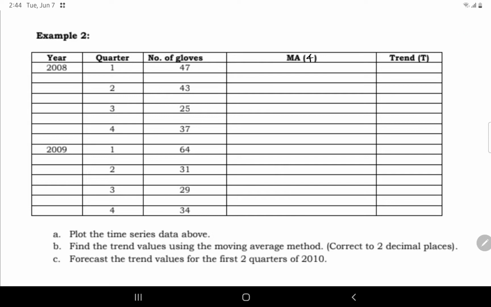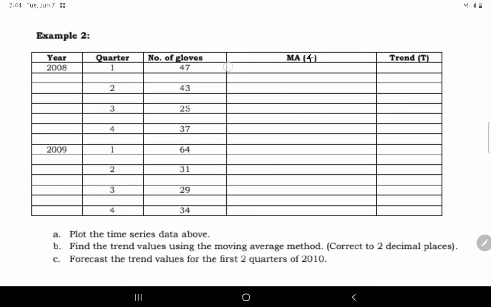So, to calculate the 4 quarter moving average, we should follow the steps that I've explained before. We need to sum up the first 4 values and then divide by 4. So these are the first 4 values: 47, 43, 25 and 37. So kita sum up 4 ni and then bahagi dengan 4.